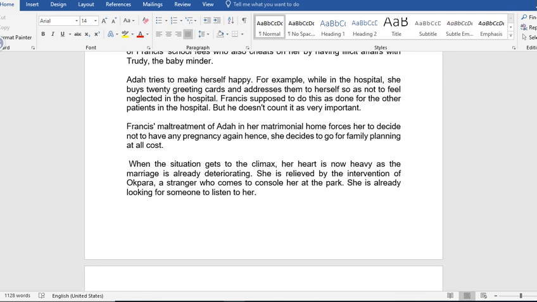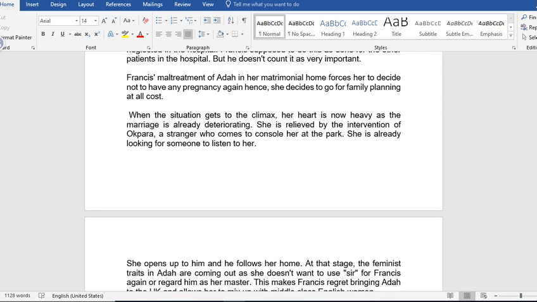When the situation gets to the climax, her heart is now heavy as the marriage is already deteriorating. She is relieved by the intervention of Bill, a stranger who comes to console her at the park. She is already looking for someone to listen to her, that is Ada.